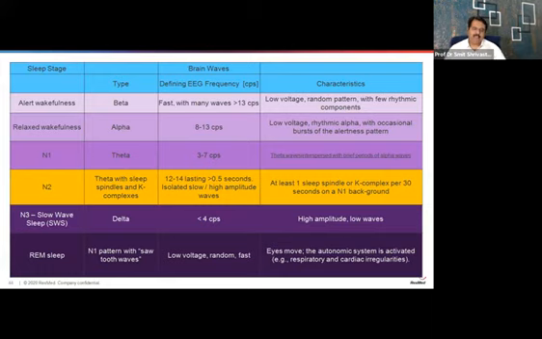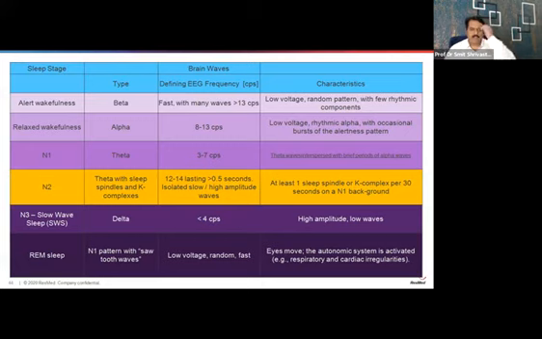N2 has primarily theta waves with sleep spindles or K complexes, and here the amplitude increases. Till now we had low voltage, but now the voltage increases, with 12 to 14 cycles lasting around 0.5 to 1 second.